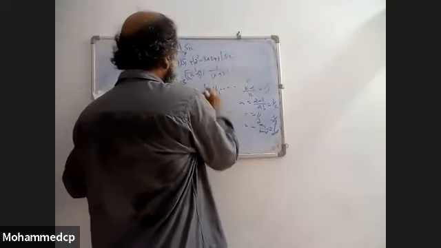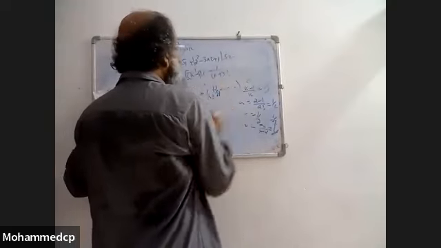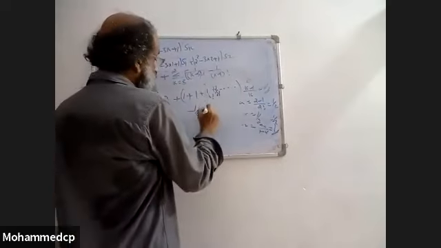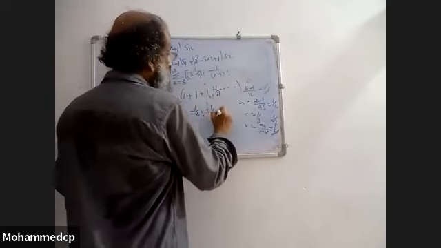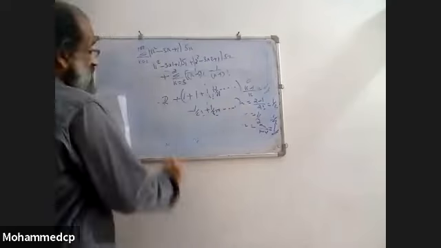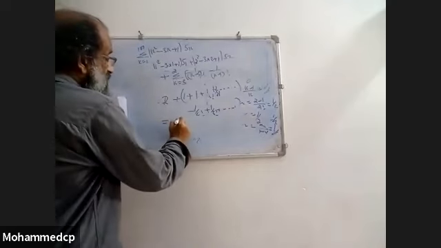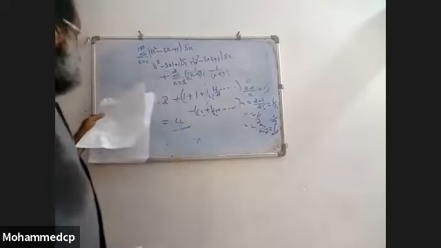After 1 by 2 factorial plus 1 by 3 factorial plus etc., you will get 4 there.